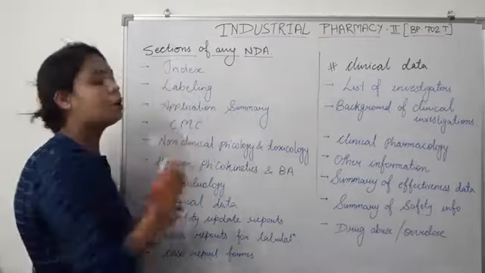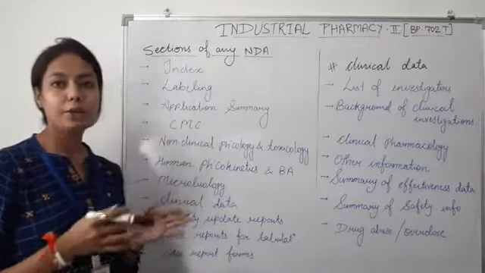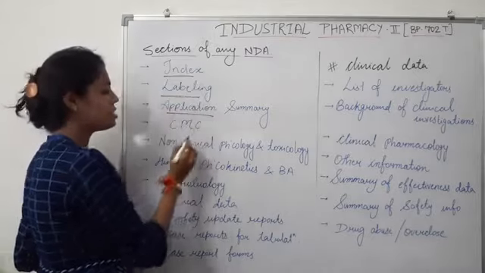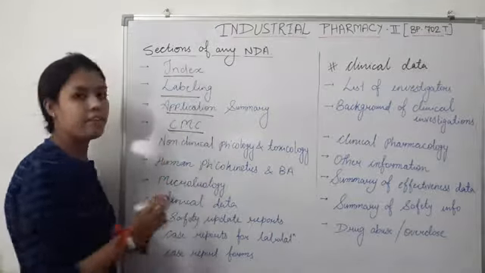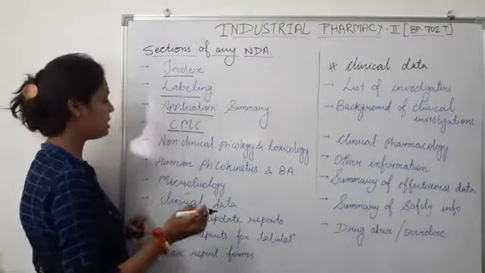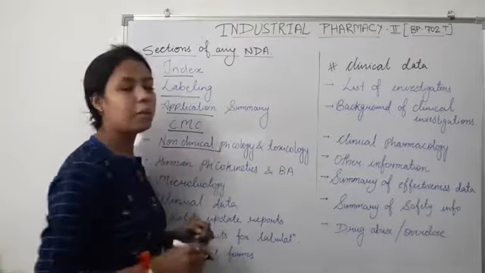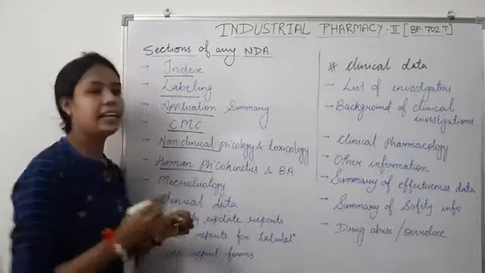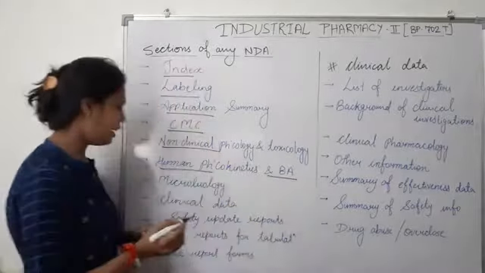So these are the 12 sections of any new drug application: index, labeling, application summary, chemistry, manufacturing and control, that is also called CMC, non-clinical pharmacology and toxicological studies, human pharmacokinetics and bioavailability studies.